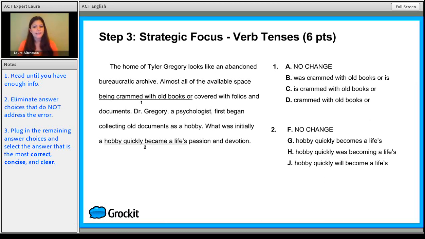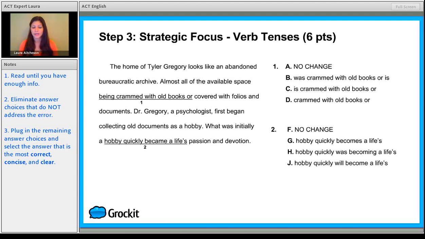Now, that's very similar to answer choice B. If you plug in answer choice B, "almost all of the available space was crammed with old books or is covered." Well, that's a problem. That's not parallel. So even if you're not sure if present tense is the correct way to do that, you know that answer choice B, first of all, is longer than answer choice C, so that's your first indication it might not be correct.